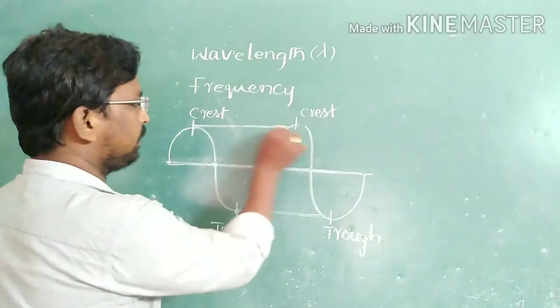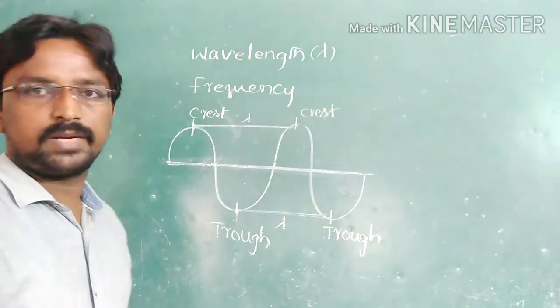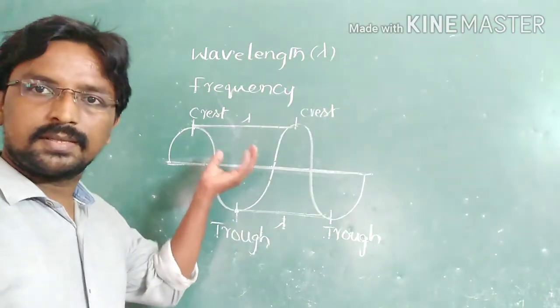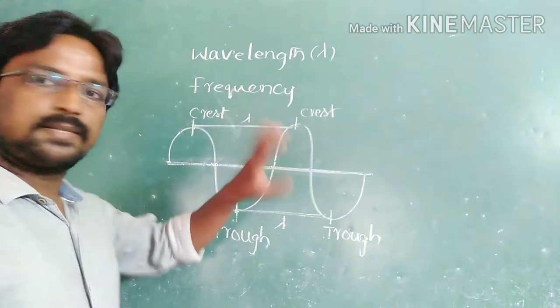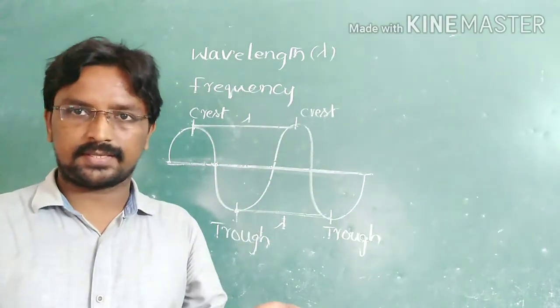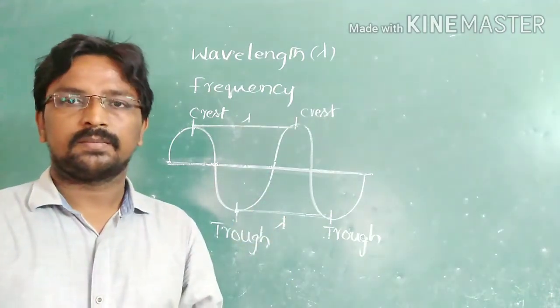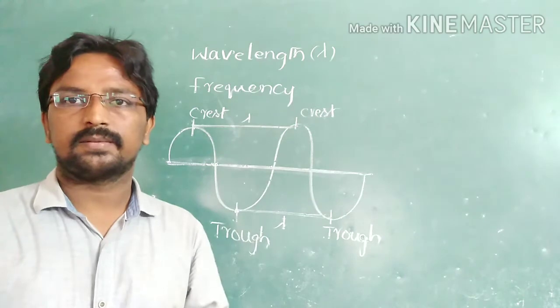So this is said to be wavelength, and this one is also wavelength, because wavelength is the distance between two successive crests or two successive troughs, right?